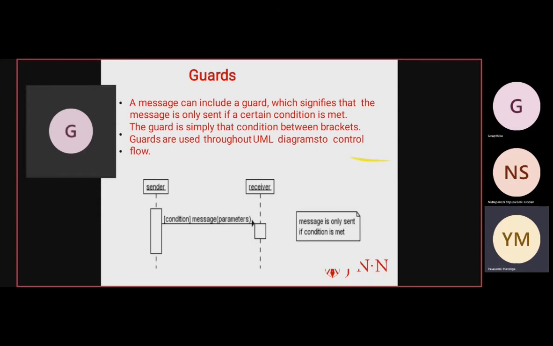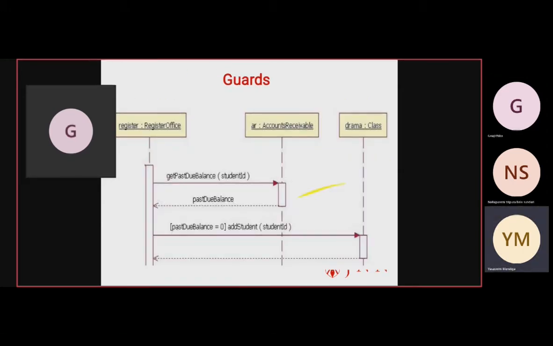So from the register office, we are going to collect the information of the student balance through the student ID, and then we are going to collect data from the accounts receivable. At last, if the past due balance, that means last year's balance, is zero, then I'm going to add this information to the class and clear the overall balance. Next, see another example.